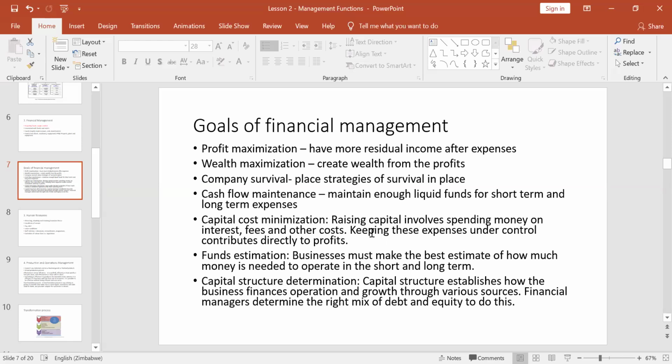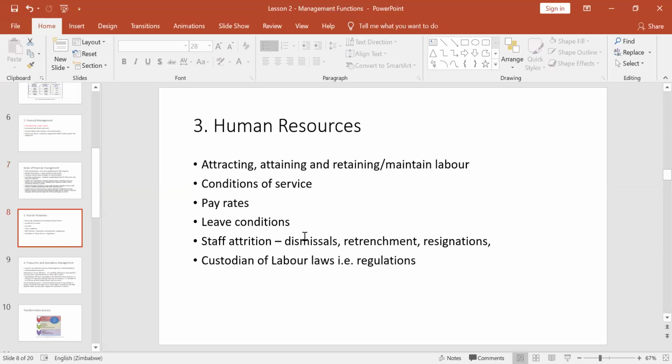So these are the goals of financial management. Then I think we can look at human resources and production. Human resources, they are in charge of the people within the organization, the human resources, the people in the organization.